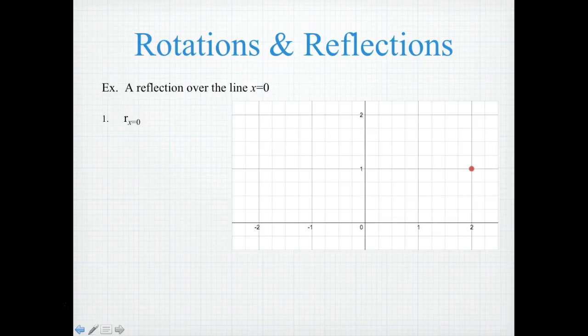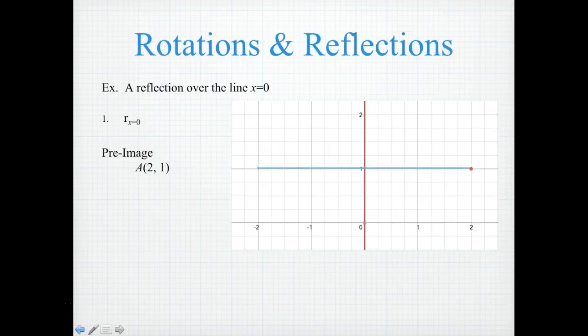In our first example about a reflection, we're going to reflect the pre-image, which is the coordinate (2, 1), over the line x equals 0. Remember, x equals 0 represents the y-axis. So what we need to do is identify the line x equals 0, which lies right on the y-axis.